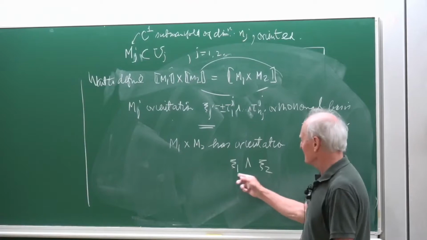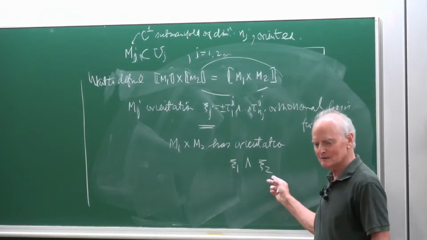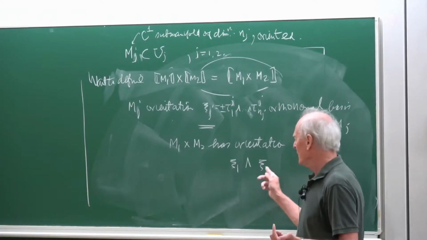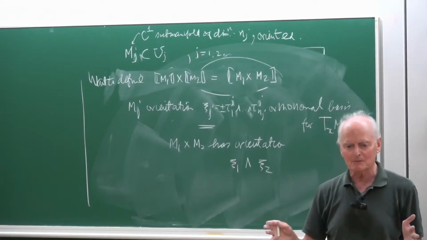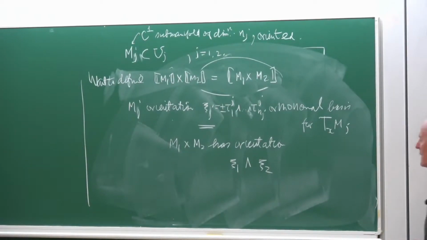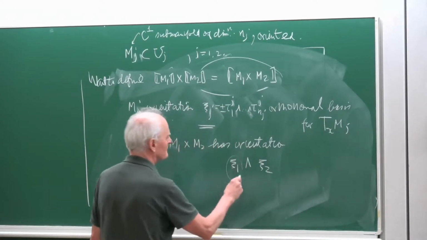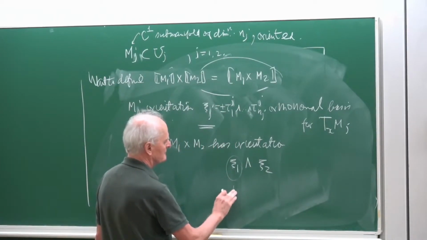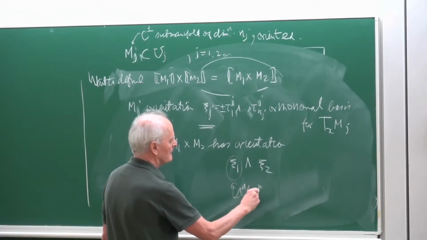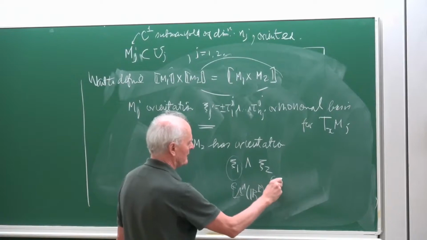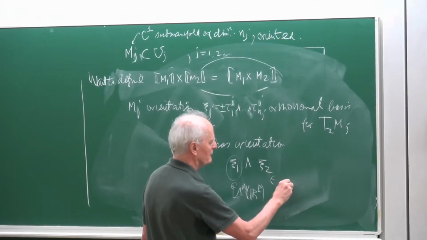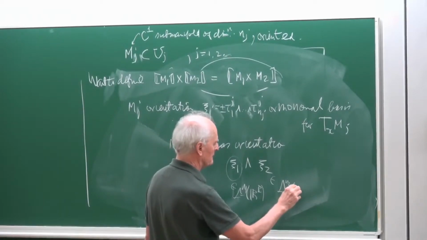I claim that doesn't make any sense. Do you see what's a little technicality? It's because when we wedge vectors, they're supposed to be in the same space, in our case the same Euclidean space. Now these are not. This one is in the space R^P1, and this one's in the Euclidean space R^P2.